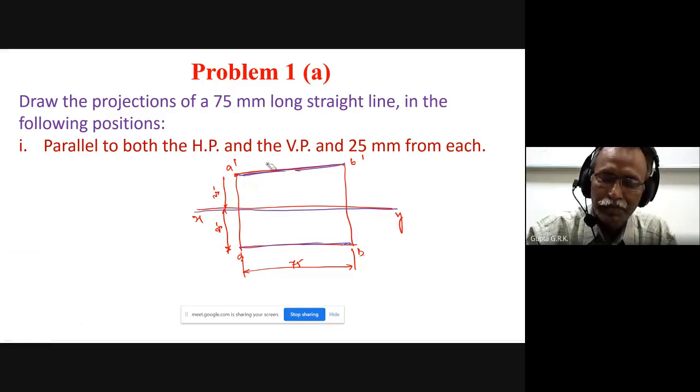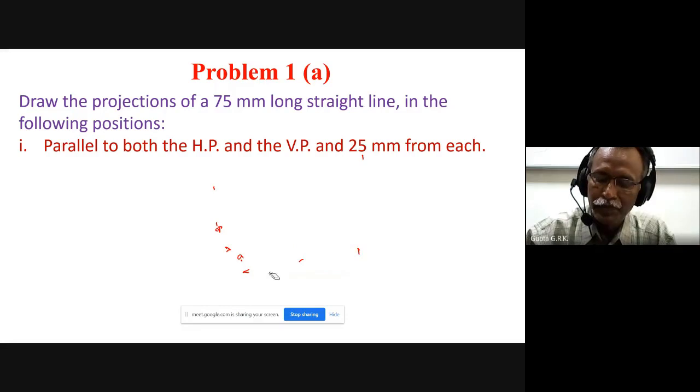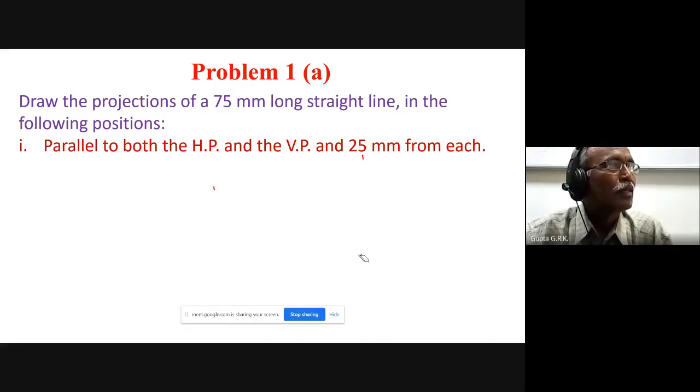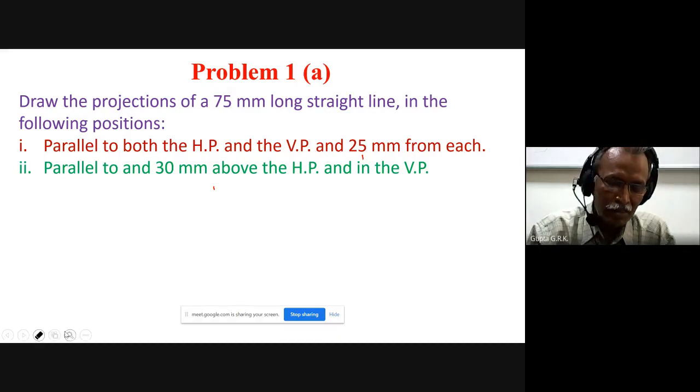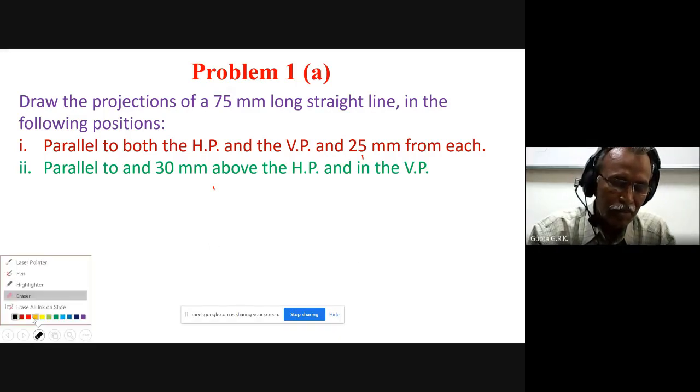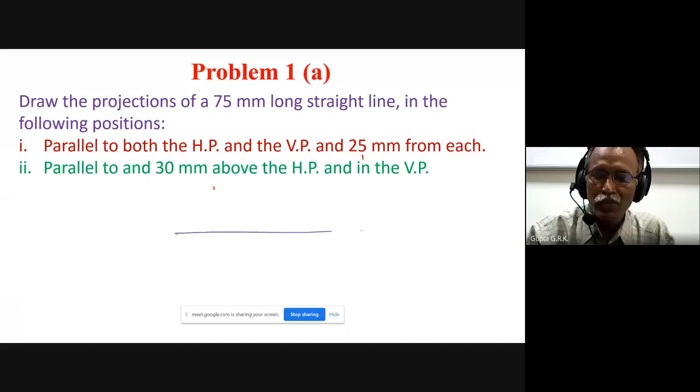Next: parallel to and 30 mm above HP and in the VP. So again draw the XY line.